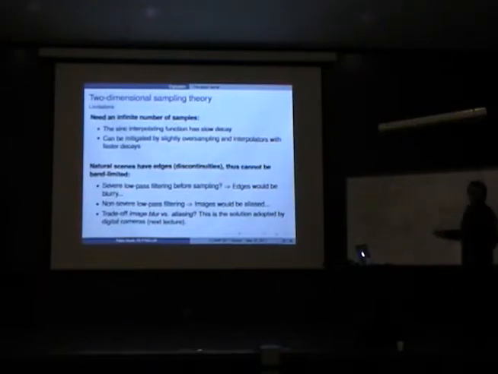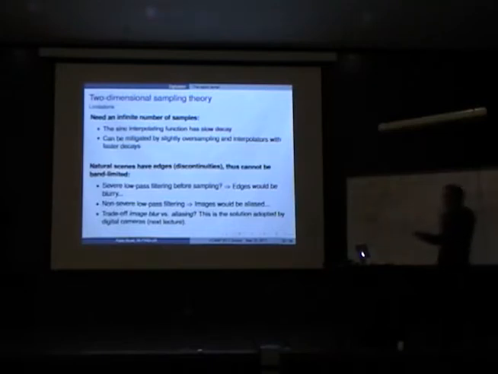But in order to make the image band limited, and in order to be able to sample it at a fast enough frequency, while trying to have edges which are pretty sharp, you have to do a severe low-pass filtering. So actually edges get blurry.